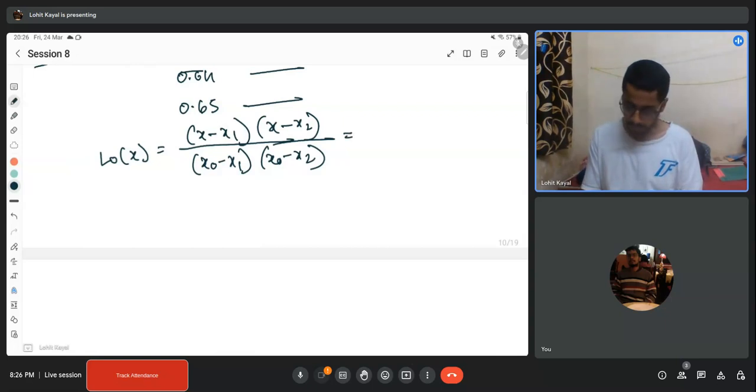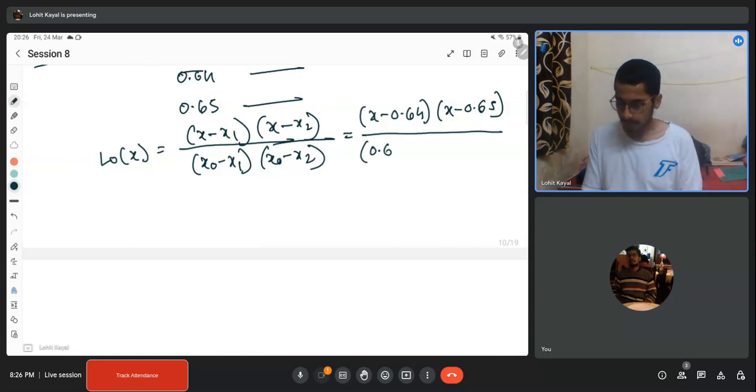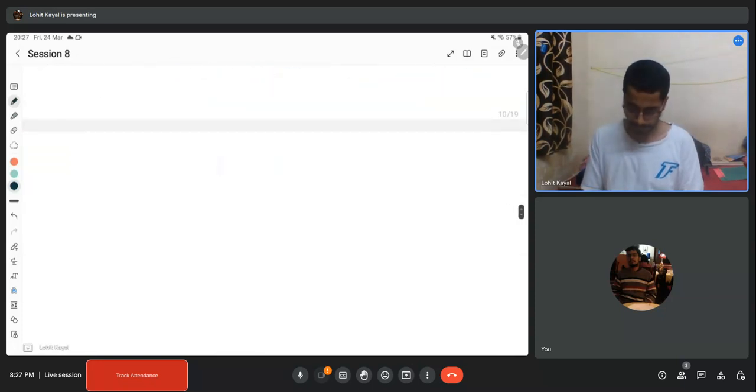So if I put the values, it will be x minus 0.64, x minus 0.65 divided by 0.63 minus 0.64 into 0.63 minus 0.65. This is L naught x.